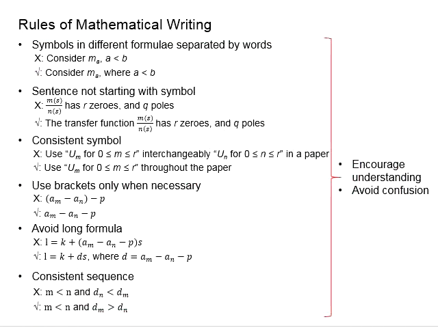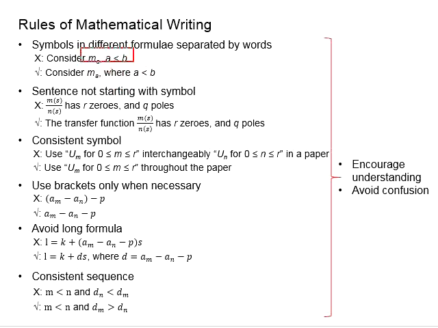We shall look into them one by one in terms of the rules of mathematical writing. First, if you have symbols in different formulas, there should be some words to separate them. Taking this as an example, there are symbols and formulas.